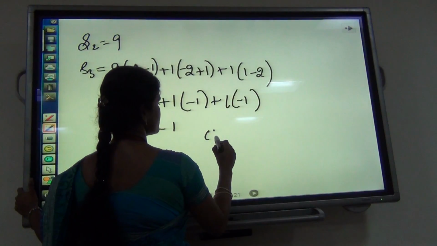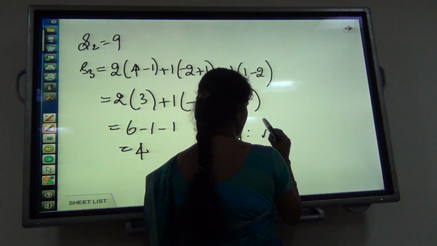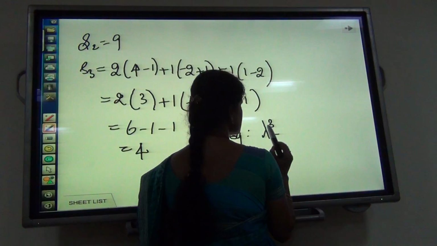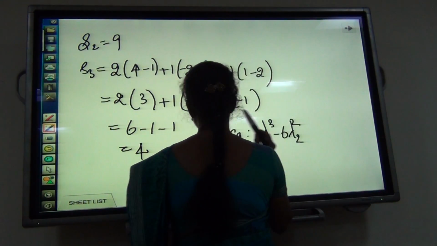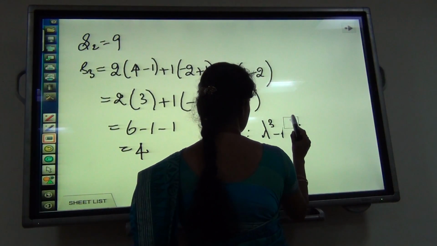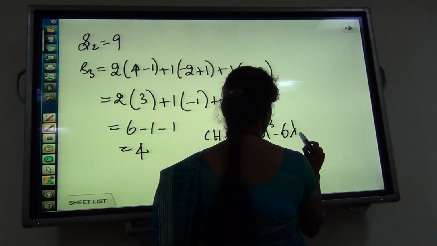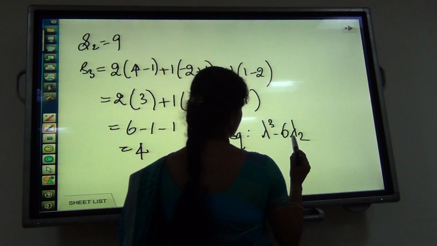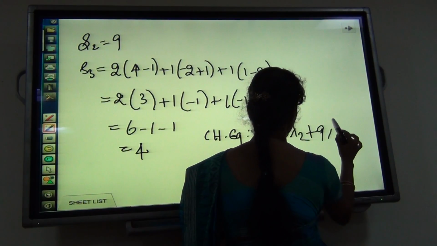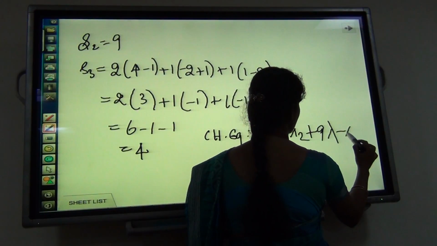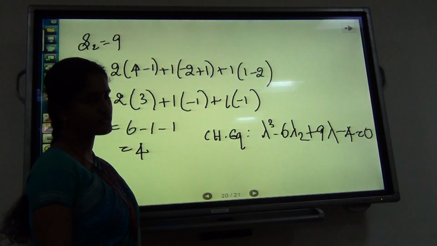The characteristic equation is lambda cube minus 6 lambda square, plus 9 lambda minus 4 is equal to 0, since S1 is 6, S2 is 9 and S3 is 4. So this is the actual characteristic equation of the square matrix.